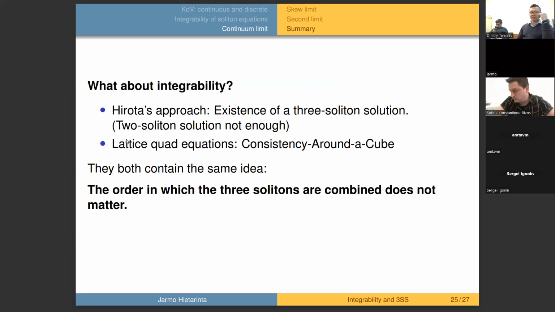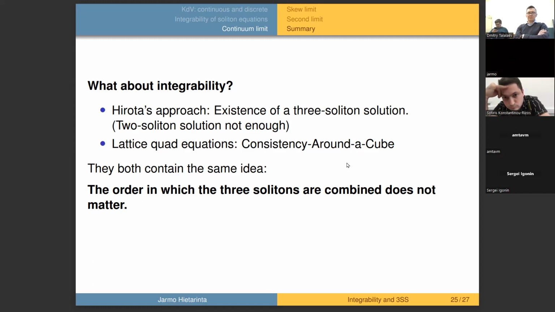In Hirota's approach, it's very clear, and the founding property is that the existence of a three-soliton solution is the same as integrability, fundamentally. But a two-soliton solution is nothing. Any equation can have two-soliton solutions if it's in a Hirota form. In lattice quad equations, we have the same thing. You can define any kind of Q to define a lattice evolution, but only those that have the consistency around the cube have any chance of being integrable.